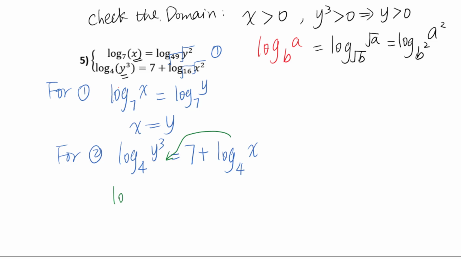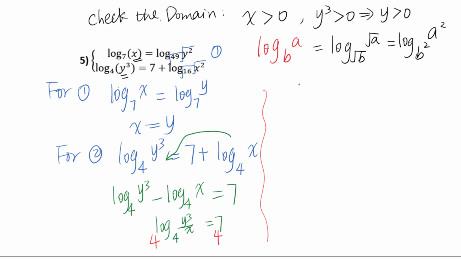We get log base 4 of y to the third power minus log base 4 of x equals 7. Condensing, log base 4 of y to the third power over x equals 7. Then we will add base 4 on both sides. We get y to the third power over x equals 4 to the 7th power.